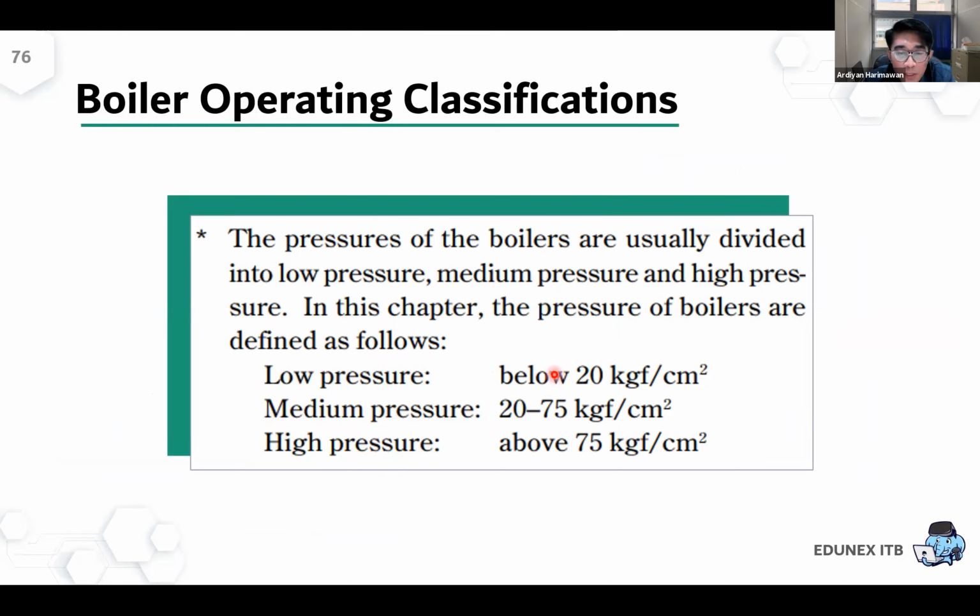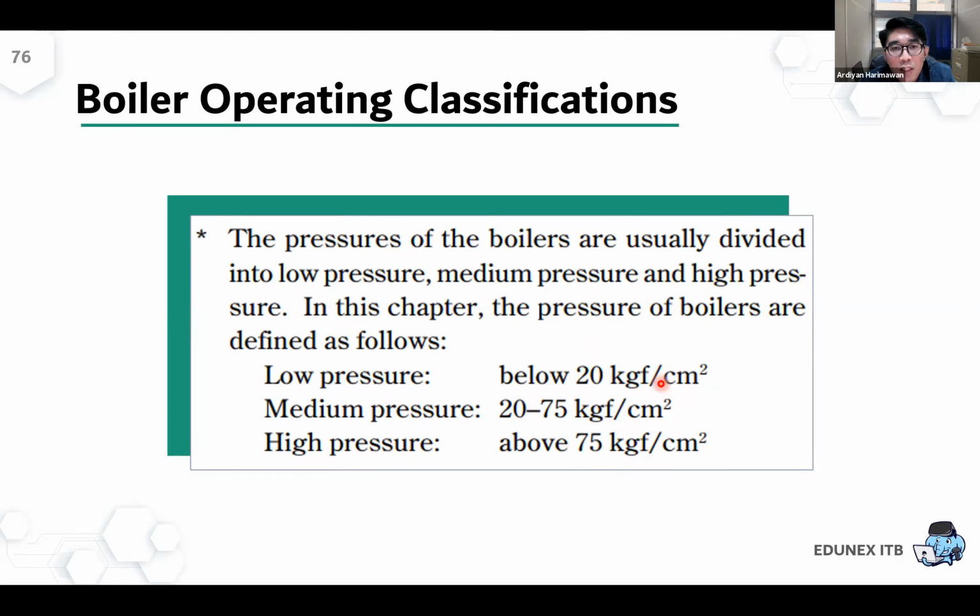Because the pressure is different, please remember your thermodynamics class. The steam produced by these different types of boilers will also have different specifications. The pressure will be different, which means the temperature will be different, and the phase will be different. It can be saturated steam, superheated steam, or supersaturated steam.